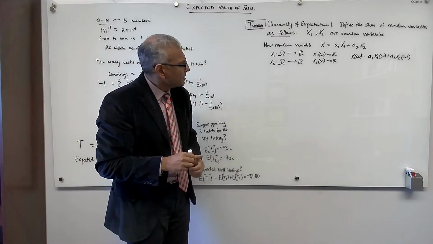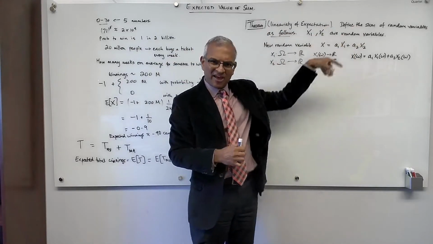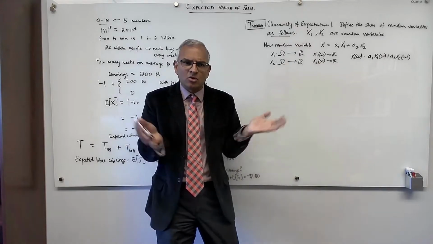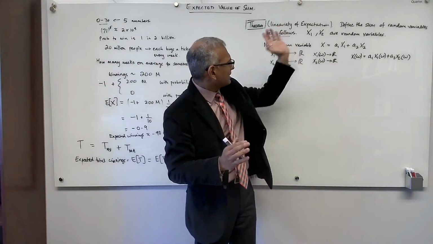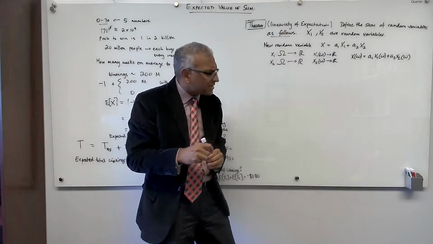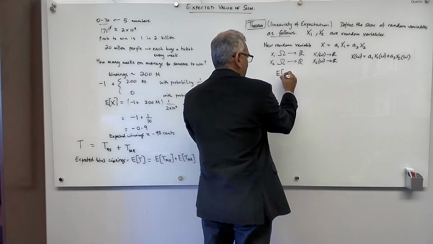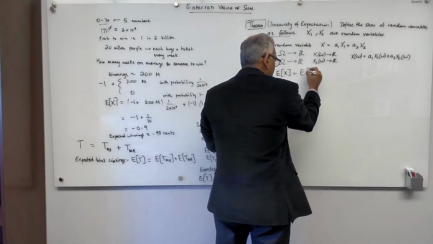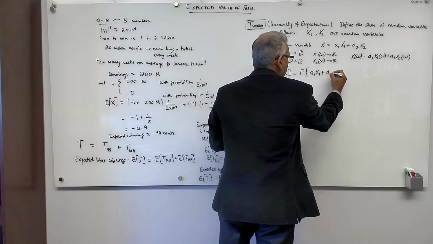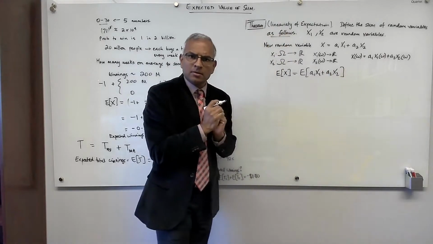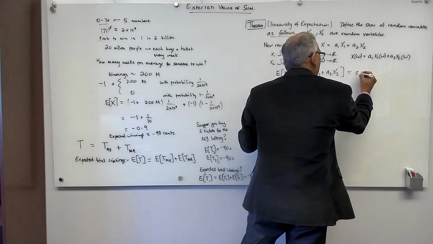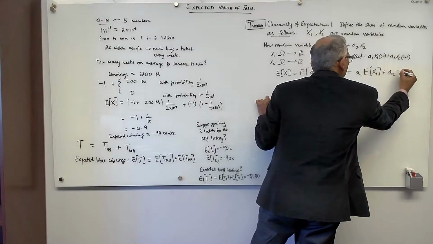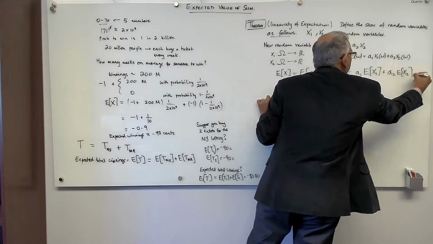Even though I'm defining this peripheral stuff inside the theorem, it's useful to have it there so that you know what a sum of random variables is. So now what does the theorem say? The theorem says that the expected value of X is equal to the expected value of a1 X1 plus a2 X2, which is equal to a1 times the expected value of X1 plus a2 times the expected value of X2.